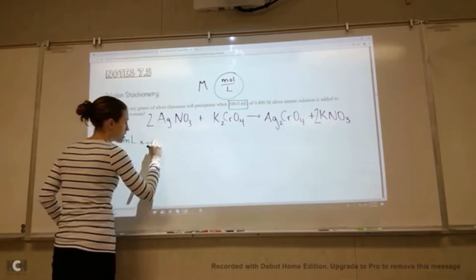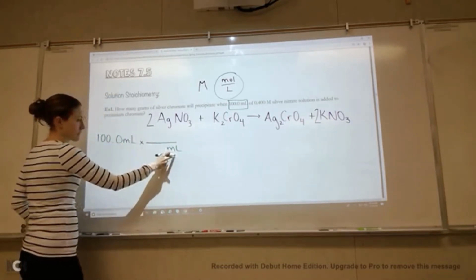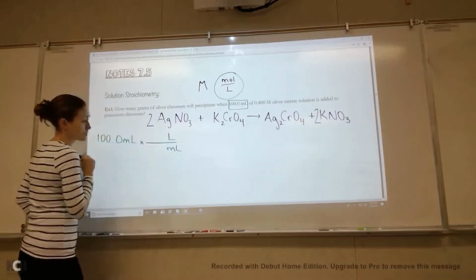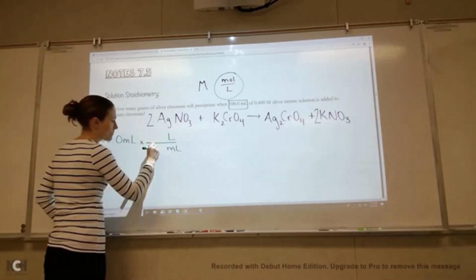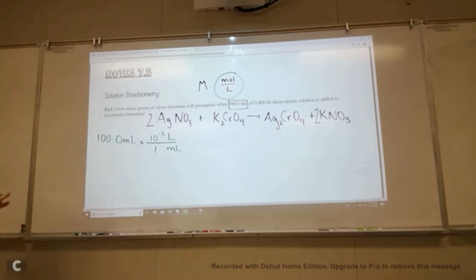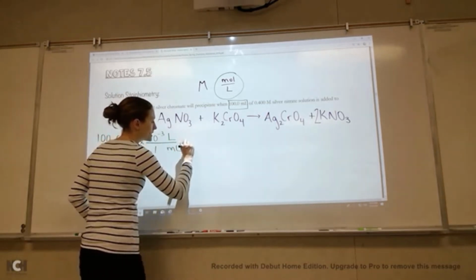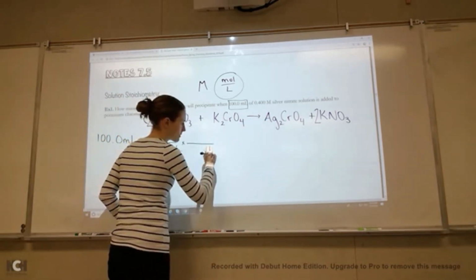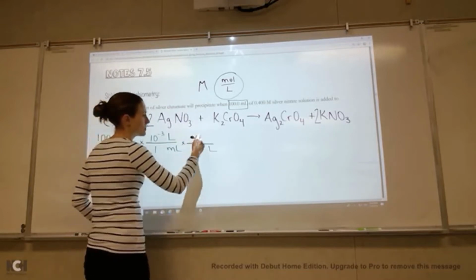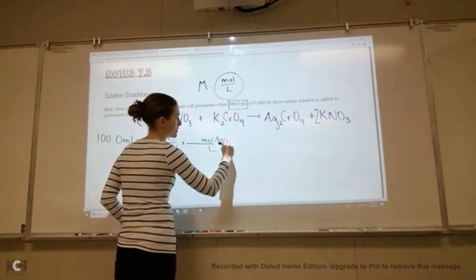So I'm going to divide by milliliters to get into liters. Okay, so keep in mind 1 milliliter is 10 to the -3rd liter. So I am now in liters of my silver nitrate. Here is the only new step in this entire problem. It is this. I can actually get out of liters by putting it on bottom so that they'll cancel, and I can get into moles of my silver nitrate, AgNO3.